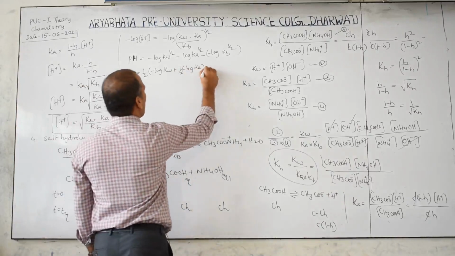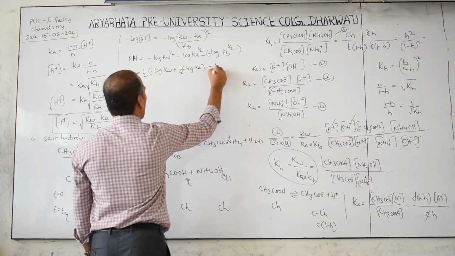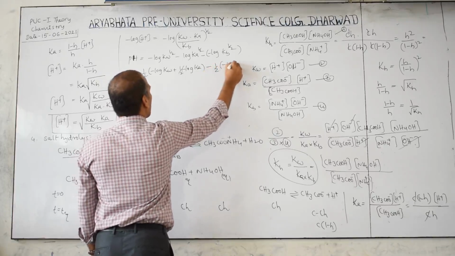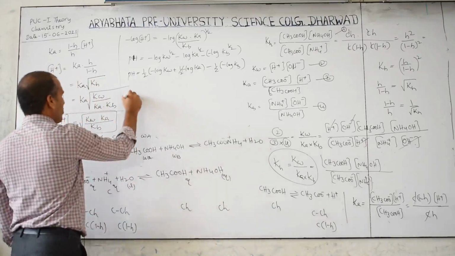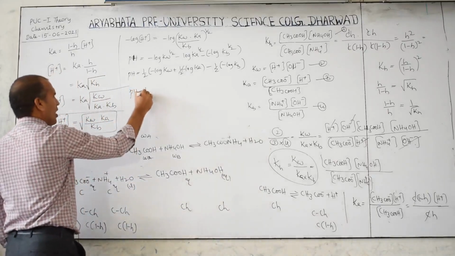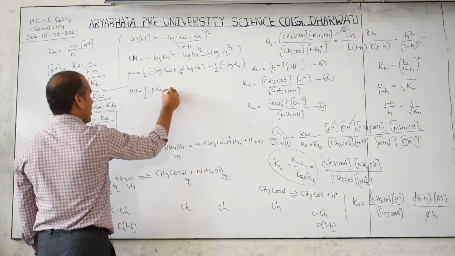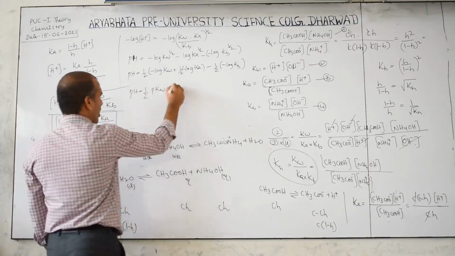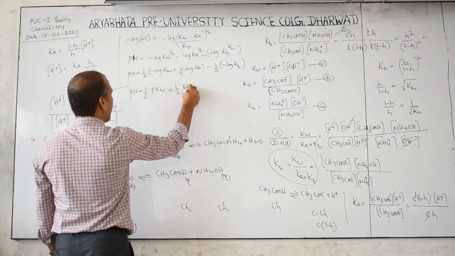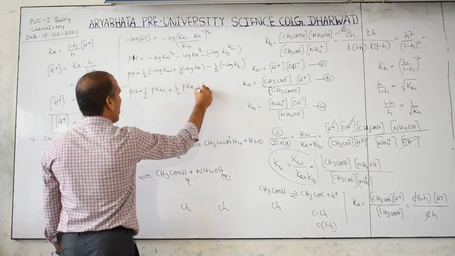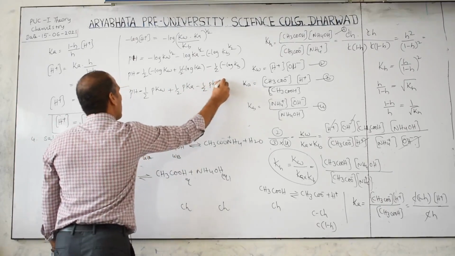Then this will be minus half minus log Kb. Then we know that pH is equal to half pKw plus half pKa minus half pKb.